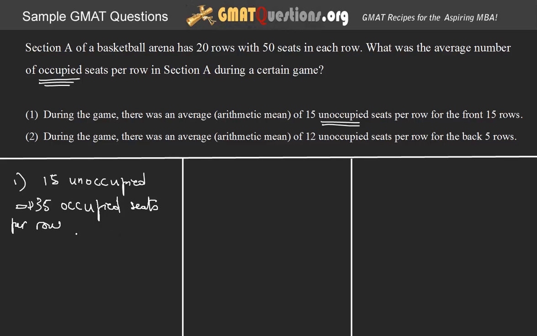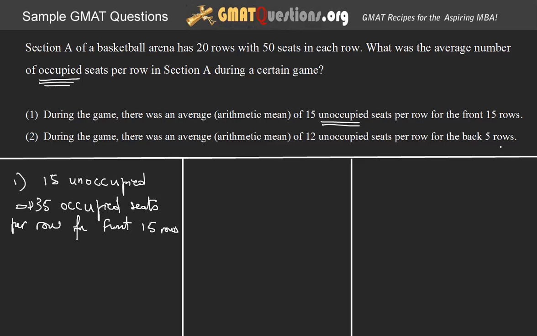Okay? Now the problem is we don't know anything about the back 5 rows. In order to do the weighted average, usually we have two groups here. One group is the first 15 rows, and the other group is the back 5 rows.